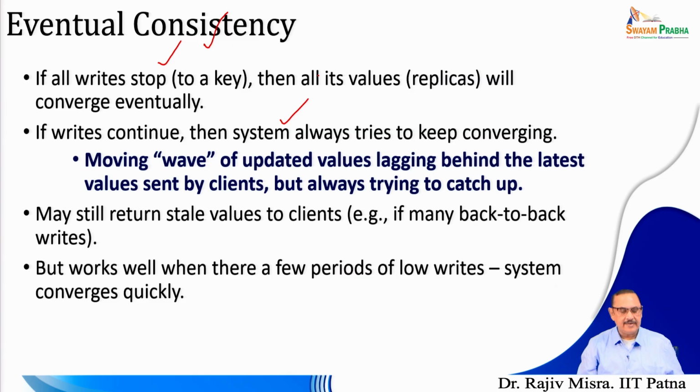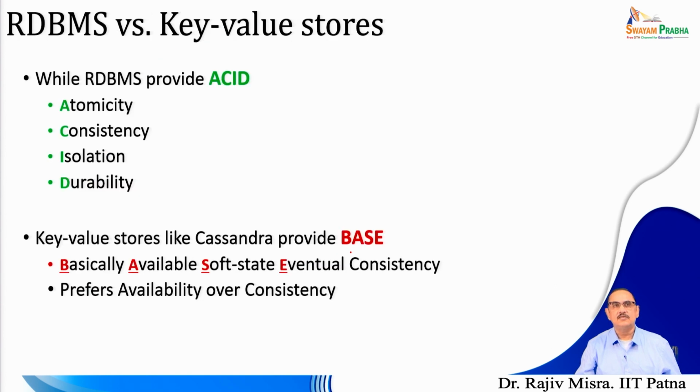If the writes continue, then the system always tries to keep converging. That means there is a moving wave of updated values lagging behind the latest values sent by the client, but always trying to catch up. It may still return stale values to the client, but works fine when there are periods of low writes, and the system converges eventually. Therefore, it is not instant consistency, but eventual consistency.